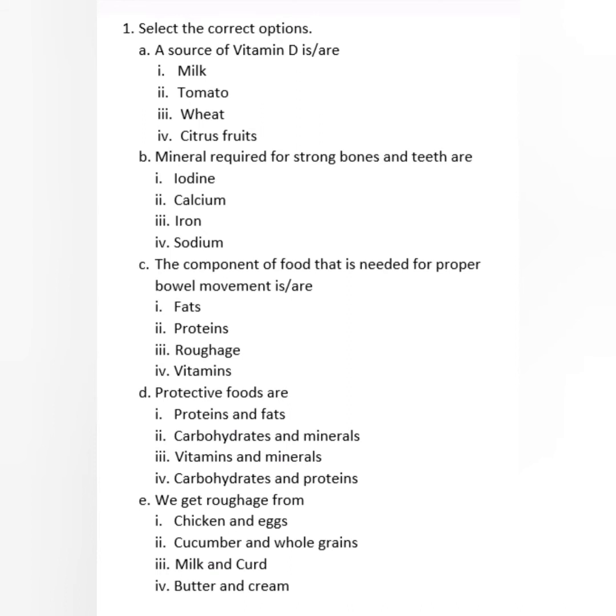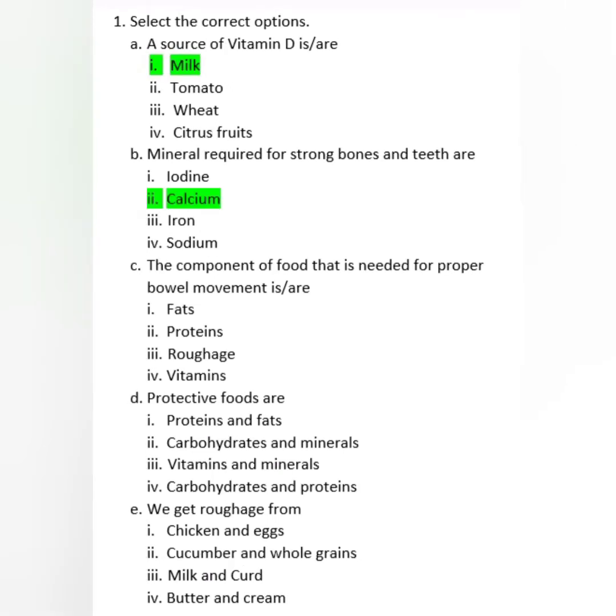Iodine helps in the physical and mental growth of children. The deficiency disease goiter will come from lack of this, you know. Then iron. What is the function of iron? Needed to make blood. Sodium controls body fluid balance and functions of muscles. Then 1 mineral is left. That is calcium.